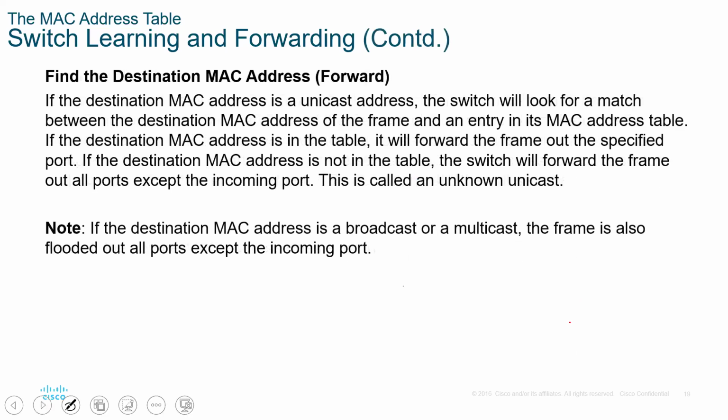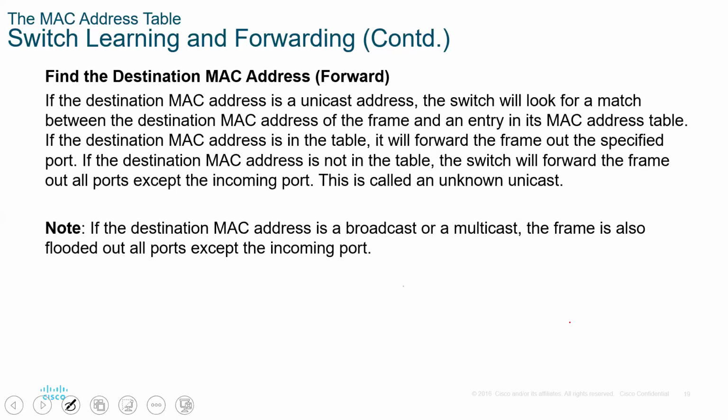Sometimes it can find the destination MAC address as well. If the destination MAC address is a unicast address, the switch will look for a match between the destination MAC address of the frame and the entries in the MAC address table. If the destination MAC address is in the table, it will forward the frame out the specific port.